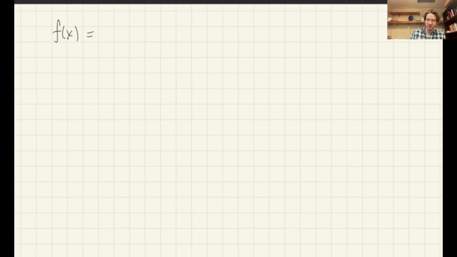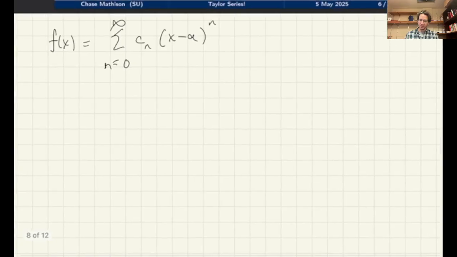Let's say we want to write f of x as a Taylor series, the sum from 0 to infinity of Cn times x minus a to the n. Let's keep track of our c's over here. This tells me f of a is c0 times 0 factorial, technically, times 1.